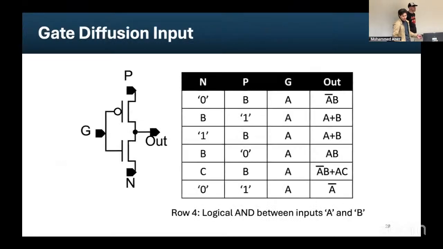So this is kind of an example. This is called the fusion input cell. We have that positive metal oxide semiconductor that will be connected to this P terminal and the N terminal. As a concrete example, consider row 4, which is performing this logical AND between these two inputs A and B. If A is equal to 0, by convention, that will automatically trigger the PMOS switch on.